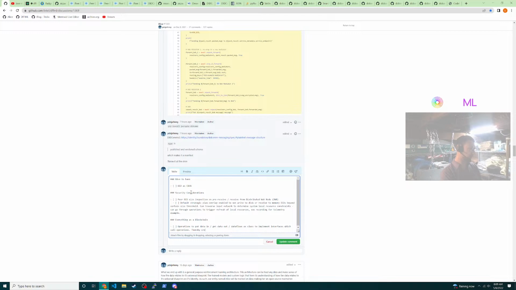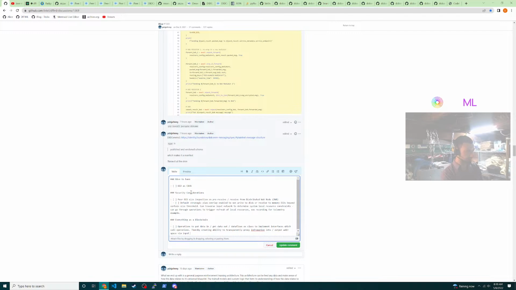Thereby creating the ability to transparently proxy information into and out of Web3 space via input networks acting as bridges transparently.